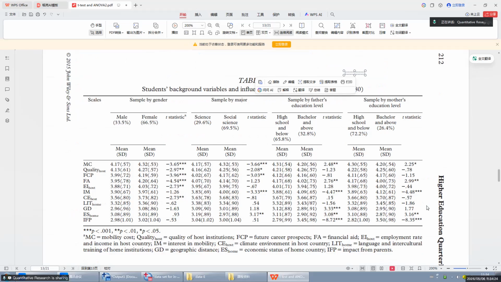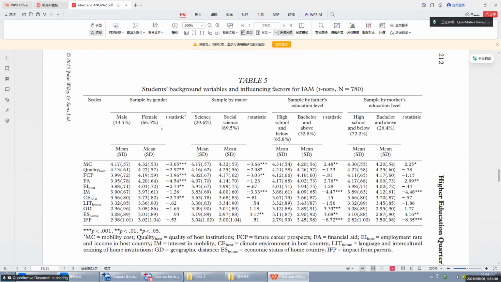Like this, as you can see here, the mean scores followed by standard deviations for each group. How about this column? This is the t-test, followed by asterisks and p-values.